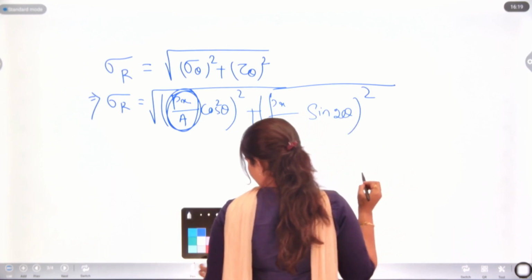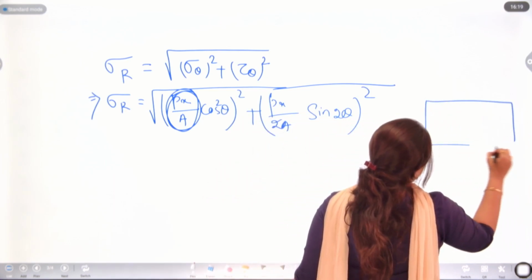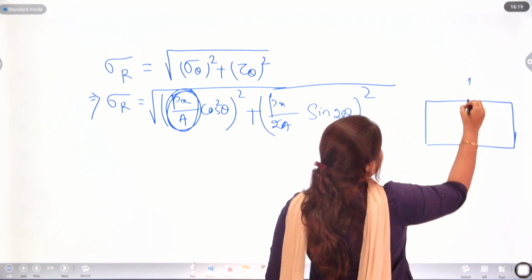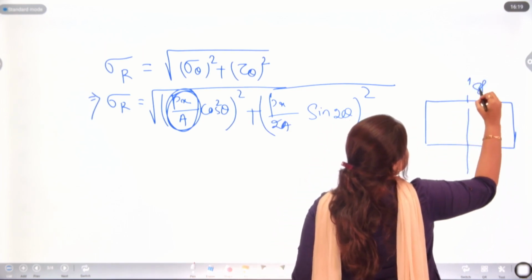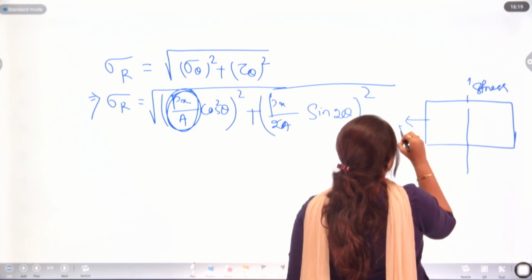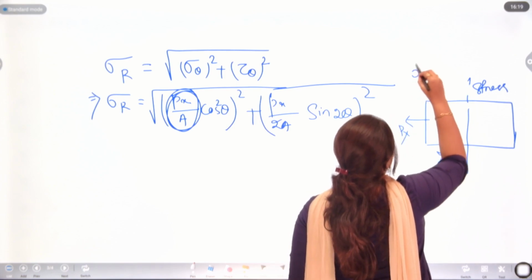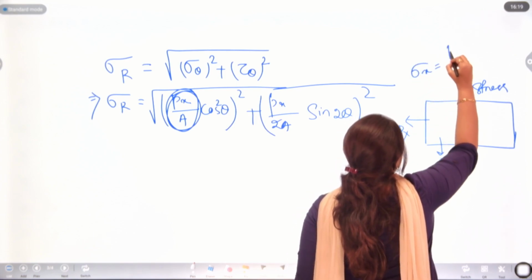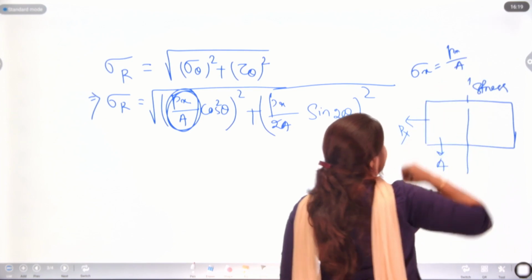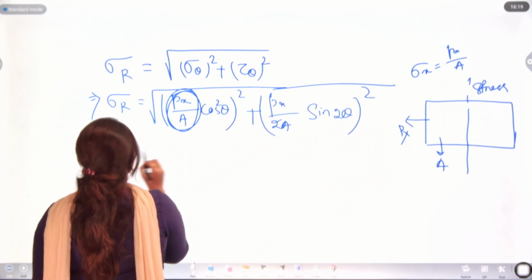Here you can remember, while we are calculating stress in case of the vertical plane, we have the force Px and we take the area as A, and we have sigma x as Px upon A. So now we can put that value here.